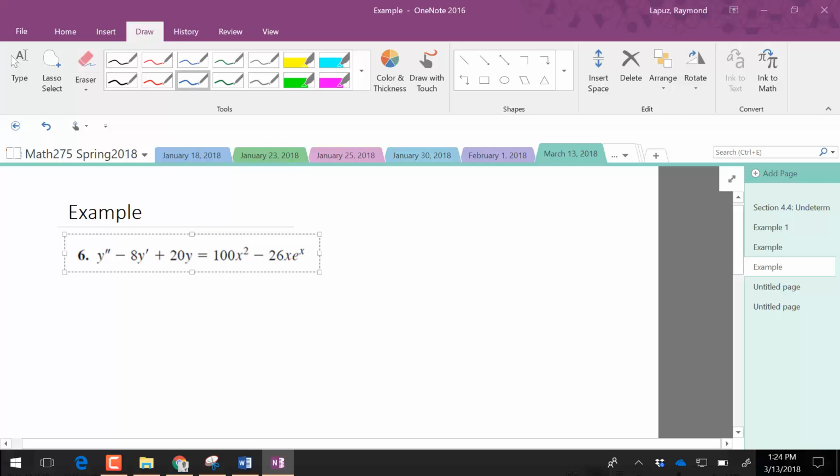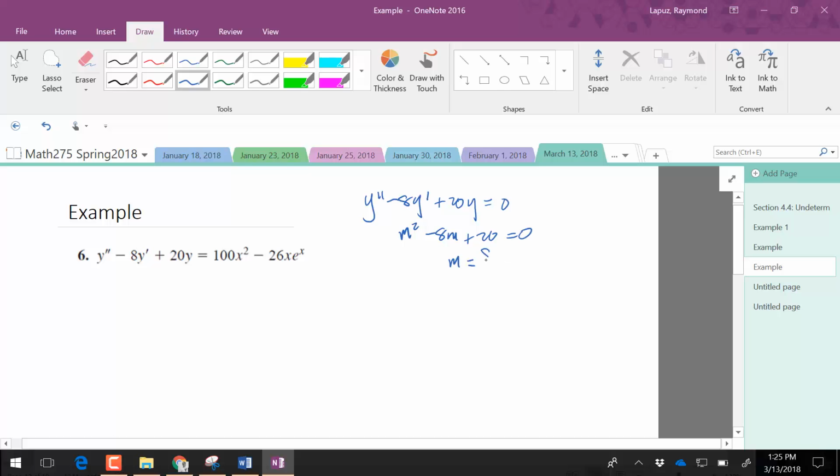And again, we always start with the homogeneous differential equation and then find the solutions. So we get our auxiliary equation. Is this factorable? Okay, so can't factor. m is equal to minus b plus or minus the square root of b squared minus 4ac, which is minus 16.